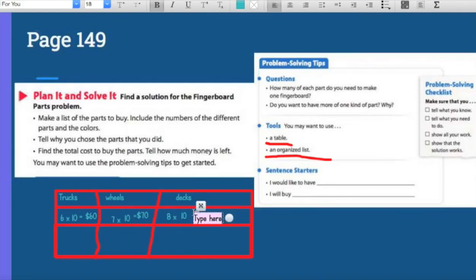And then 8 times 10 is $80. But now I've got all these prices here. What do I need to do with them to figure out my total of how much money I'm spending? Now I need to add them. So now I've got 60 plus 70 plus 80.